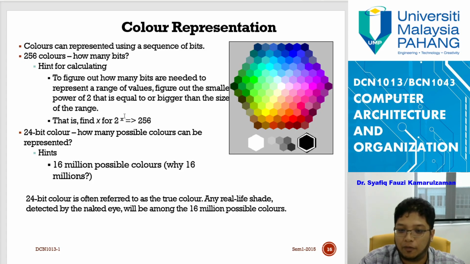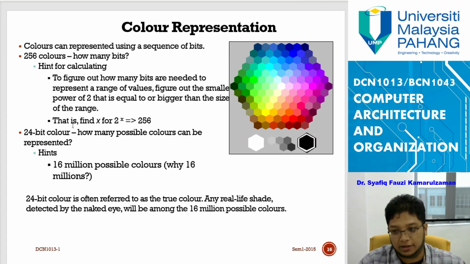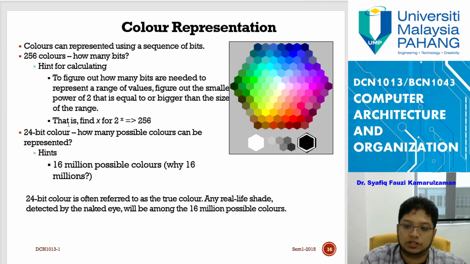If you have 2 power of 7 bits, you can have 256 options of colors. Now these days we have 24-bit color, so you have 2 power of 24 options of colors available in your PC. It's a lot, more than 16 million possible colors with 24 bits.